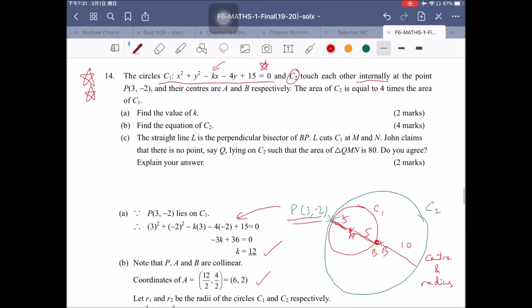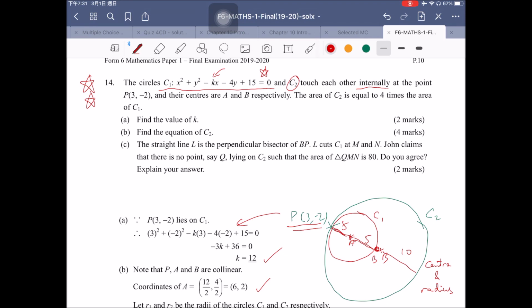Okay, part C is more difficult. Okay, a straight line L passes through the perpendicular bisector of BP. BP is here. L is the perpendicular bisector. Okay, so L must pass through A. Okay, and this is the diameter.